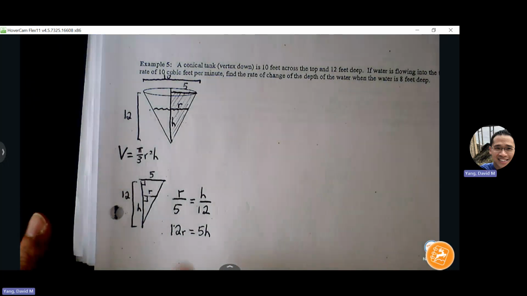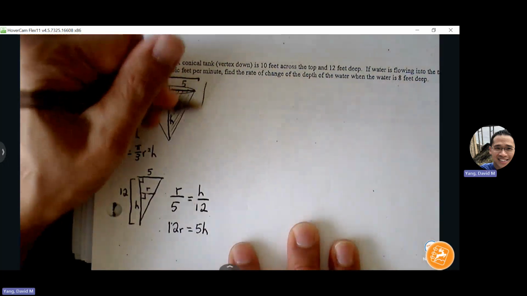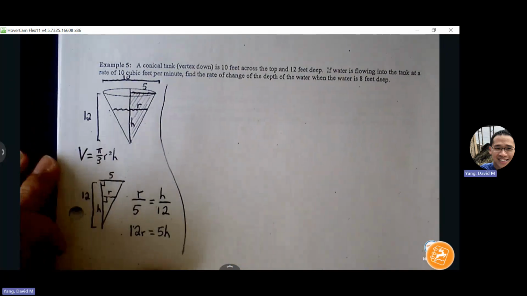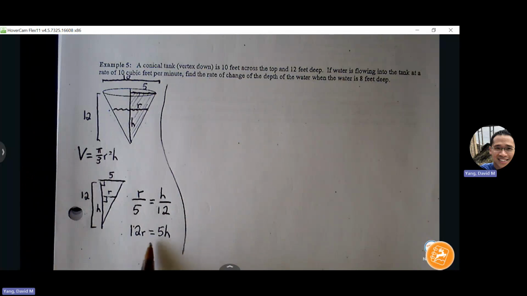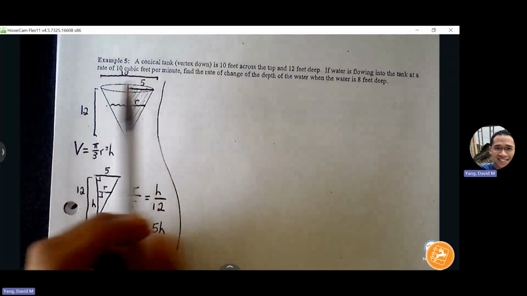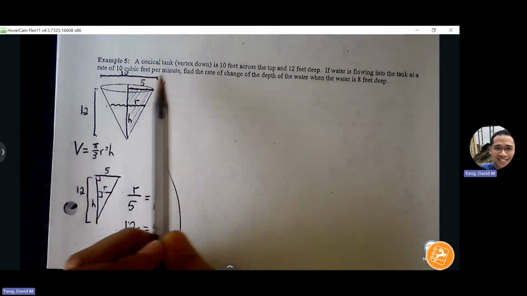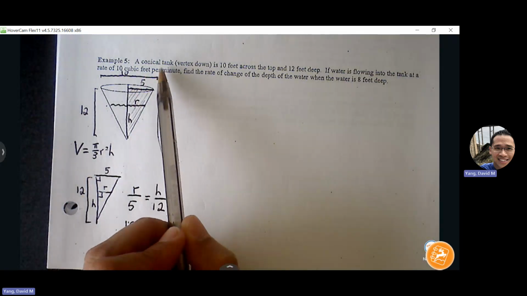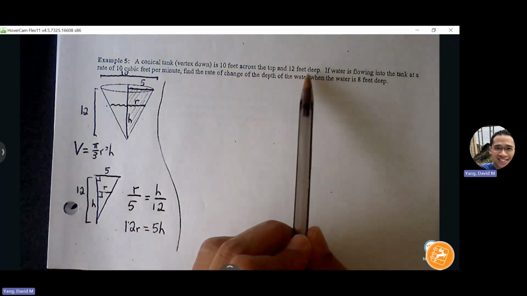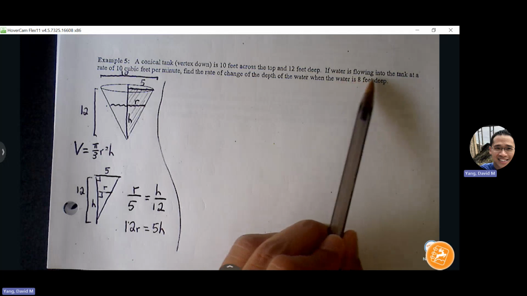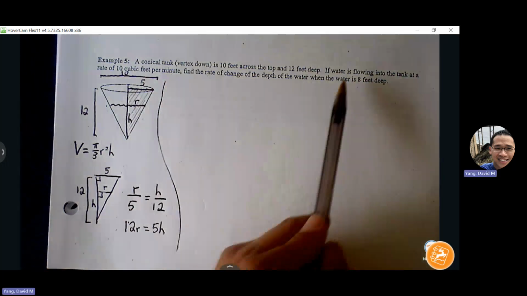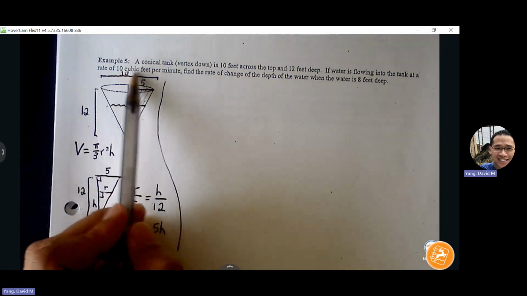I'm going to pause this portion of the problem for a second. And I want to go back and gather some information because we don't know which variable to solve for until we get more information. Okay, so we'll take a pause here and just identify some information. The conical tank is 10 feet across, 12 feet deep. We already gathered that information. Water is flowing into the tank at a rate of 10 cubic feet per minute.